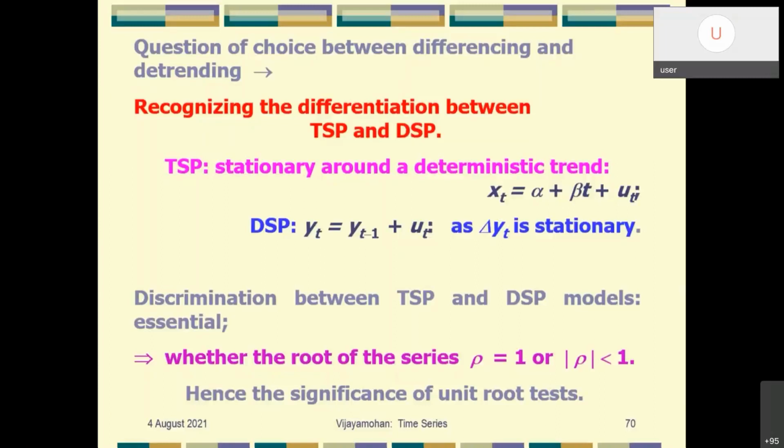There is a trade-off between power and size. Size means alpha, the significance level. There is a trade-off between these two, and that trade-off cannot actually be eliminated. If you go for a small size of test, that is a small alpha level, then the corresponding beta will be very high. Beta is the probability of committing the type 2 error. Yes, sir. That will be very high. That means the power of the test will be very low.